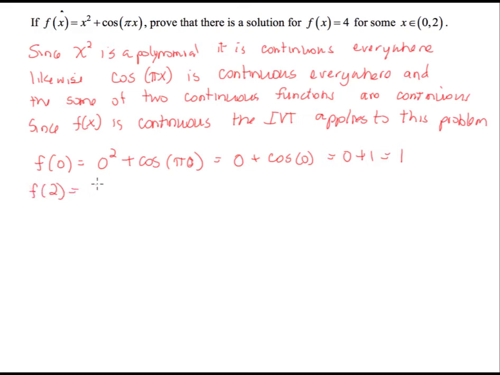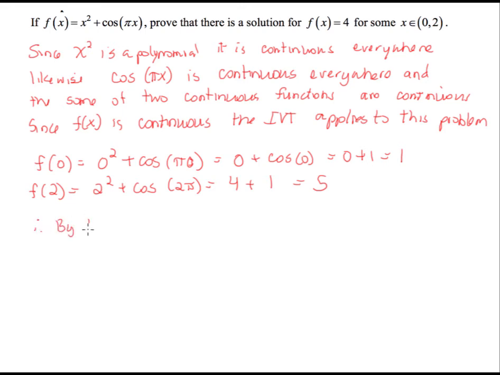Then let's check the other endpoint, f of 2. Plugging that in, I end up with f of 2 as 5. So I know that my y values range from 1 up to 5. Since 4 is between 1 and 5, I know there must be at least one time on that function where I have a value equal to 4.